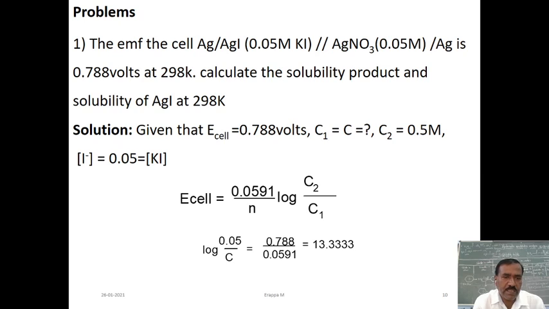So the I concentration is equal to 0.05, that is equal to KI. So EMF of the cell is equal to 0.0591 divided by n log of C2 by C1. We take out the log of this factor, 0.05 divided by C. You know the EMF, 0.788 divided by 0.0591, that is equal to 13.333.